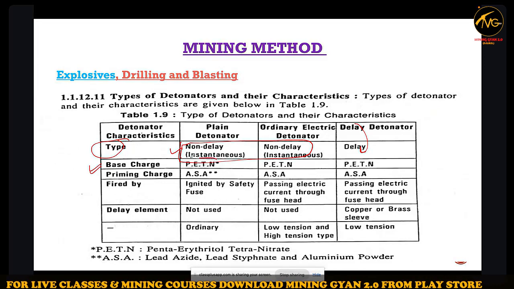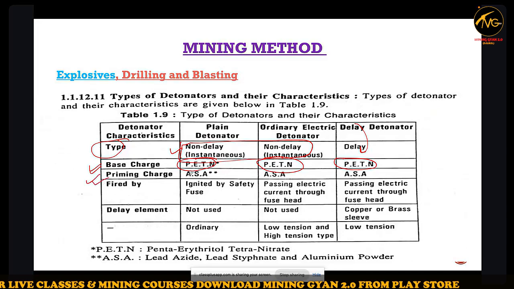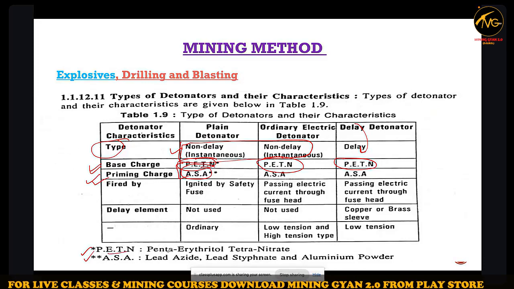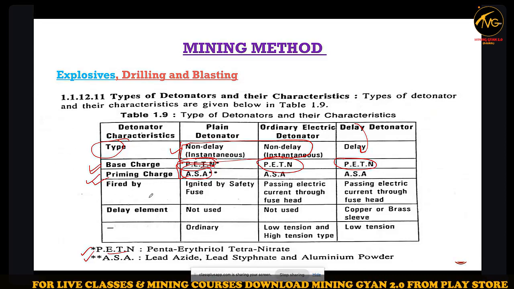And base charge, in every detonator we use PETN. Priming charge, ASA. So their full name is here. PETN means pentaerythritol tetranitrate.